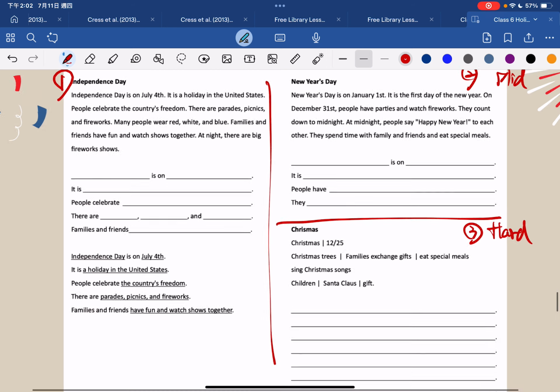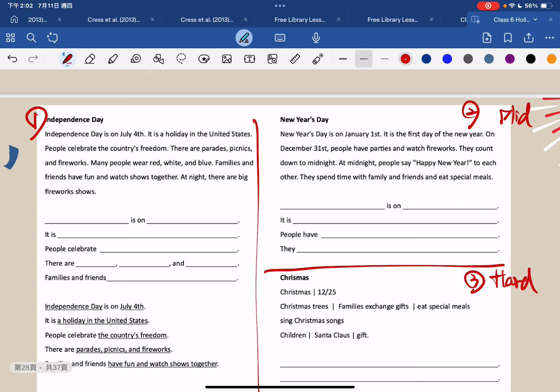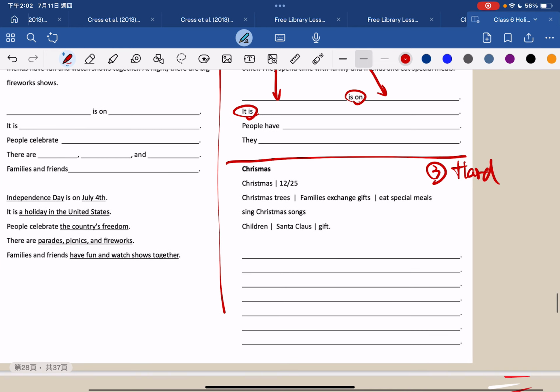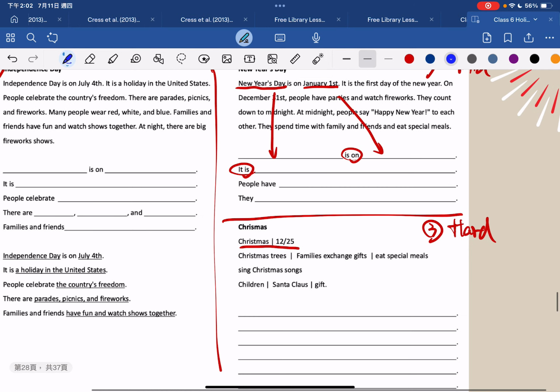I would like you to follow the clue here, then put the information in the blanks. But for the third one, the hard one, based on this example, Christmas and December 25th, what does this mean? It means the date for Christmas is December 25th. I would like you to use the sentence pattern, the clue we have above, to write a sentence.